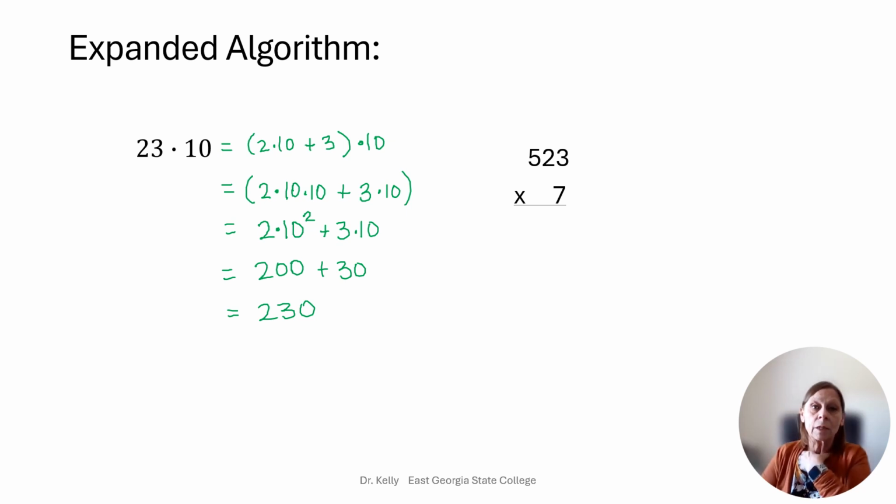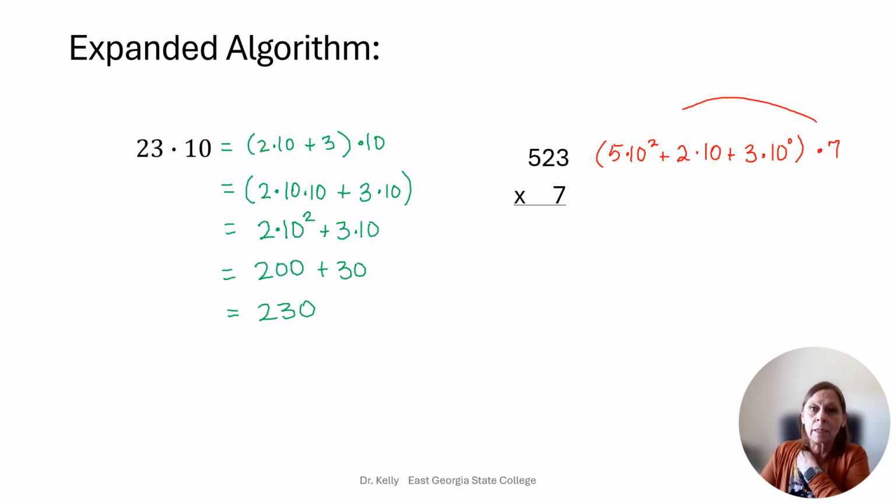Okay, and let's look at this one right here. This can be rewritten as 5 times 10 squared plus 2 times 10 plus 3 times 10 to the 0, right? I think I'll even write that, times 10 to the 0 power. So we've got that, and we're going to multiply it all by 7.